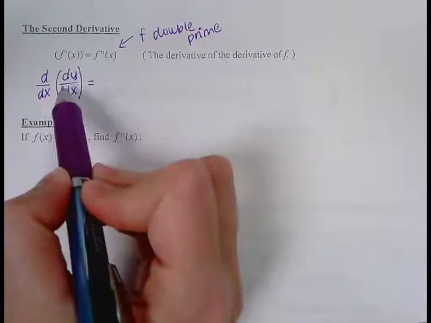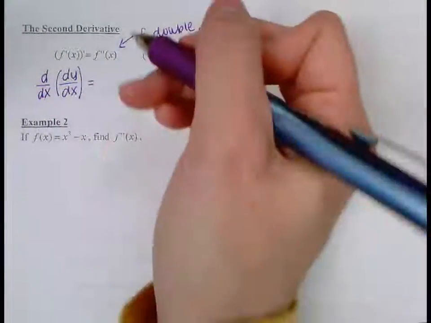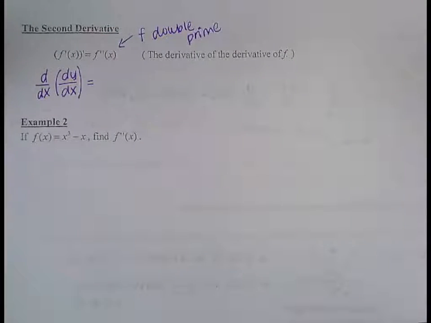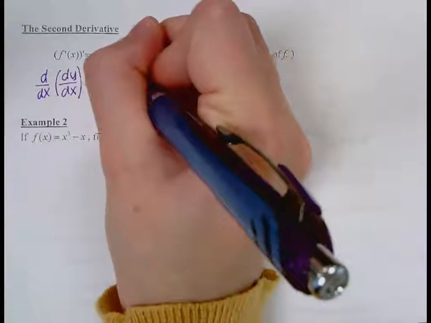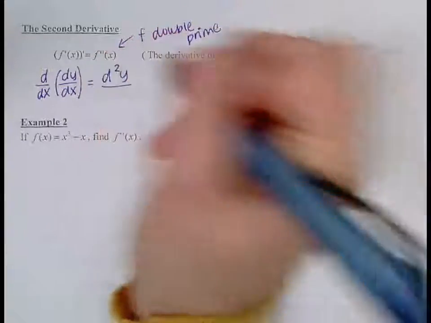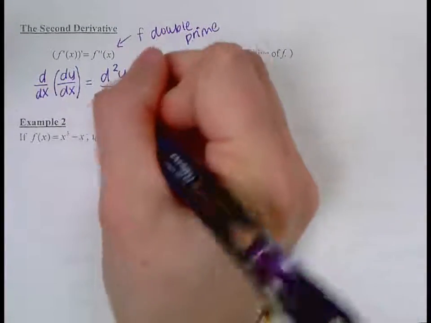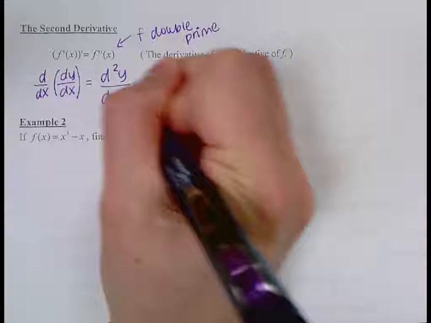The way this is notated, I'm going to say it how it looks, although it's not how you say it: it looks like d squared y over dx squared.